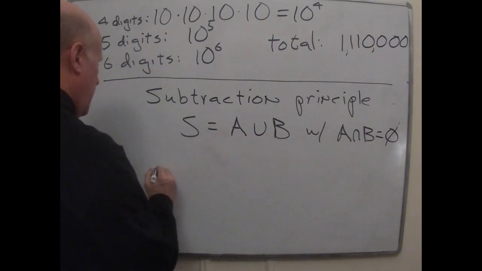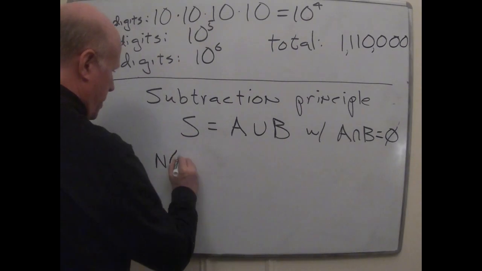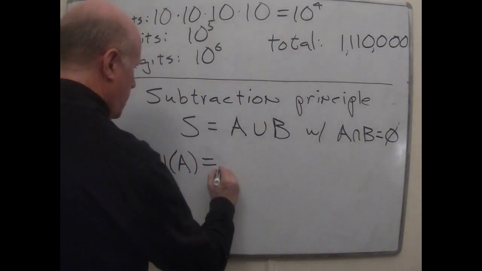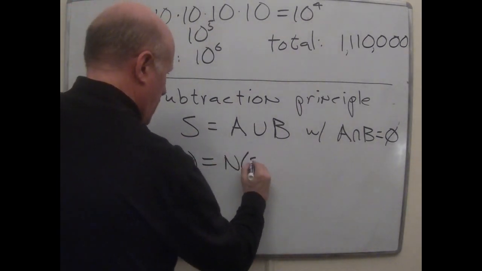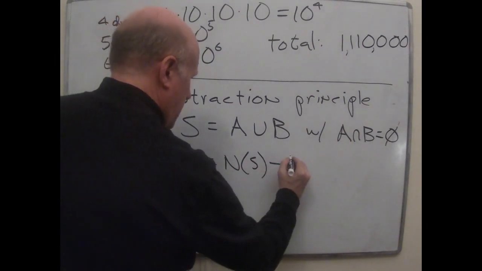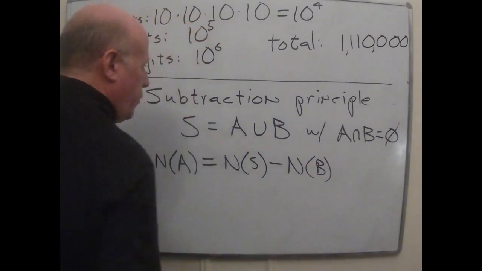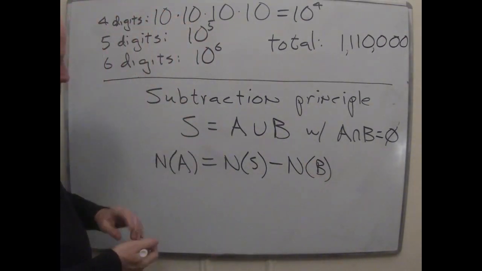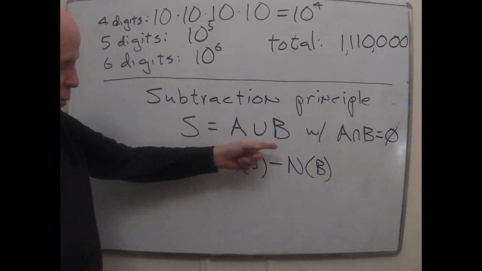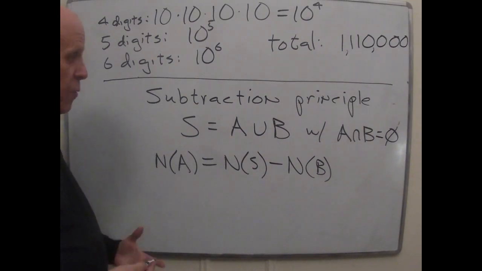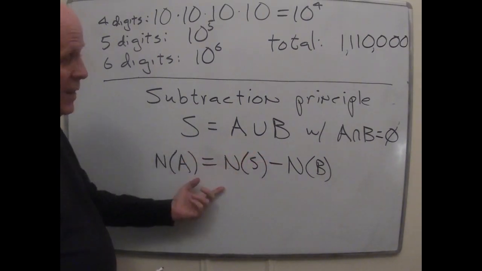So the size of A is equal to the size of S minus the size of the other set, which is B. When you have a scenario where a set can be divided into two subsets, if one of them is easy to count, then you get the other one for free.